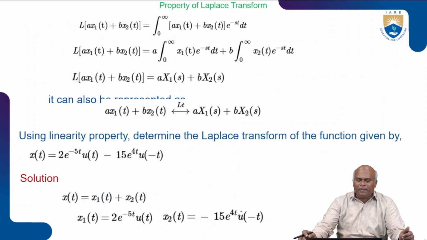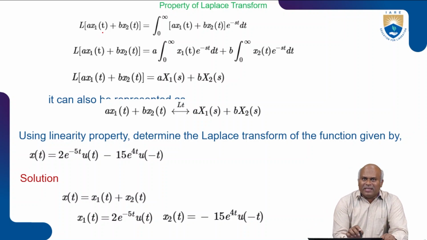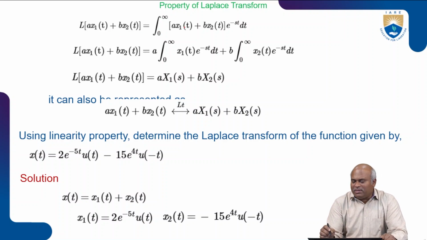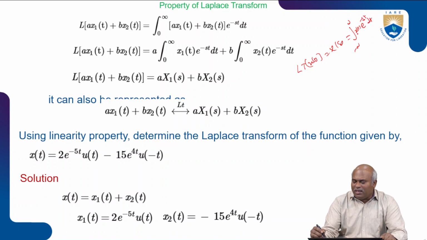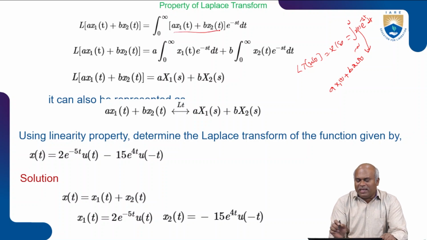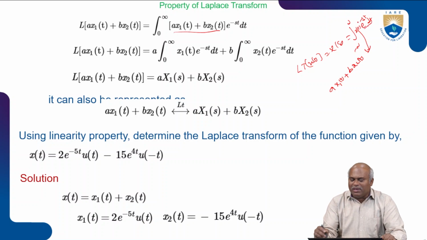So the Laplace transform of a x1 of t plus b x2 of t is the integration of a x1 of t plus b x2 of t times e power minus st dt.